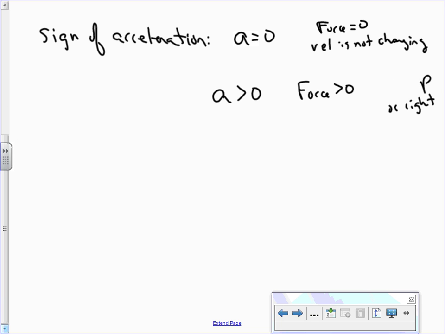It doesn't make any difference. The force is either pulling you up or pushing you to the right, and it's going to make you change what you're doing. Okay? If the acceleration is negative, it means that the force is negative. And that means the force is going to try to pull down, is pulling down, or is pulling to the left.